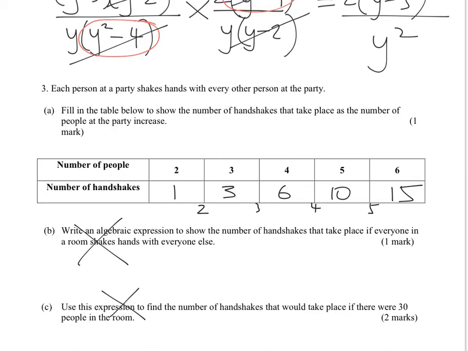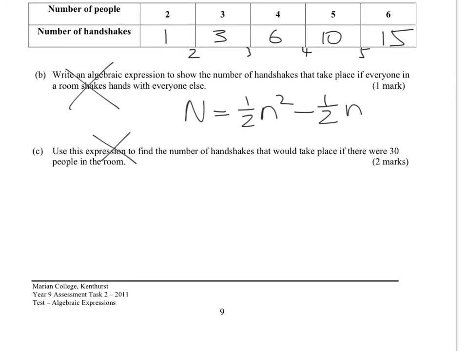I think the equation becomes number of handshakes equals half n squared minus half n, and when you sub 30 into that, you get 435.